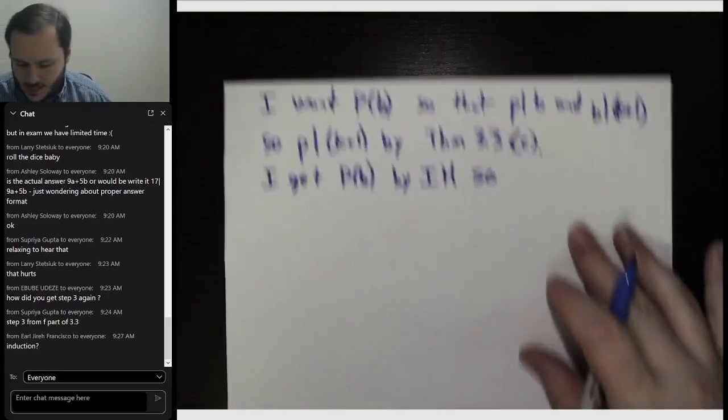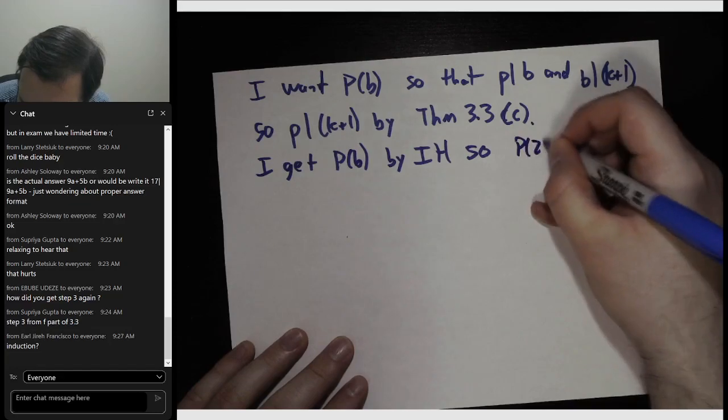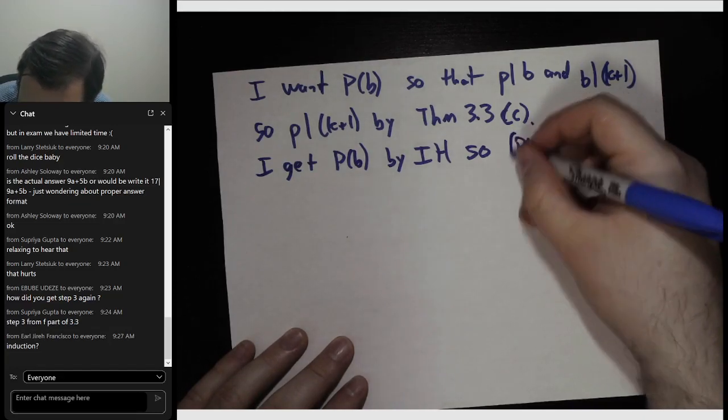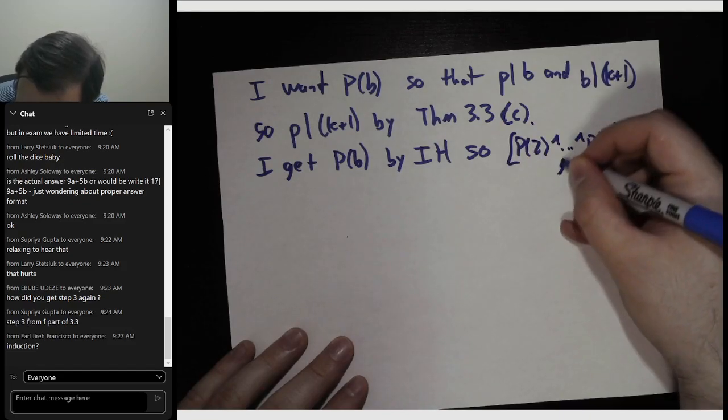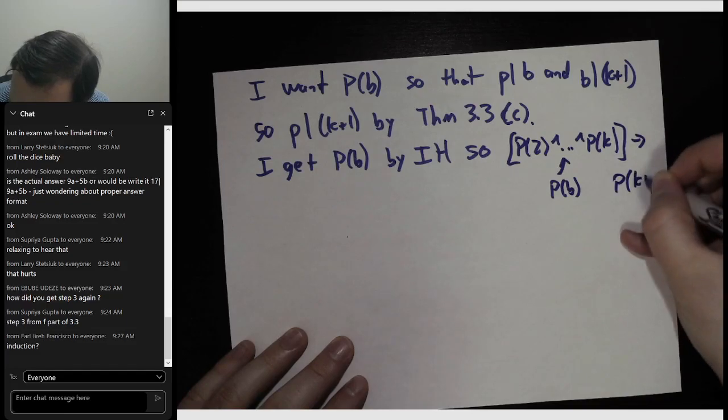So P of 2 and all the way up to P of K, where somewhere in the middle here I have P of B, implies P of K plus 1.